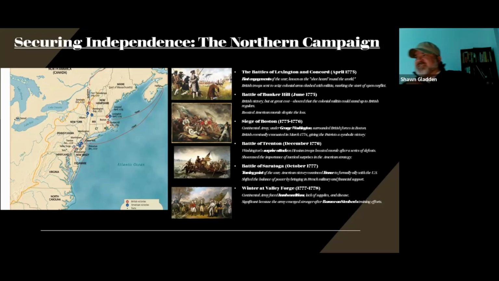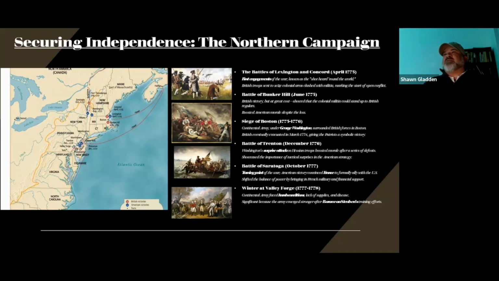Okay, so I picked out the following battles for us to look at. In the early years, what we'll call the Northern Campaign, basically from 1775 up to 1778, most of the engagements occur between Philadelphia and Boston, as the map depicts, with obviously skirmishes elsewhere.